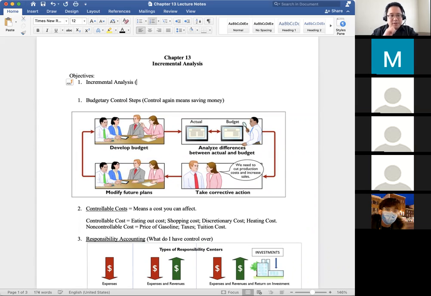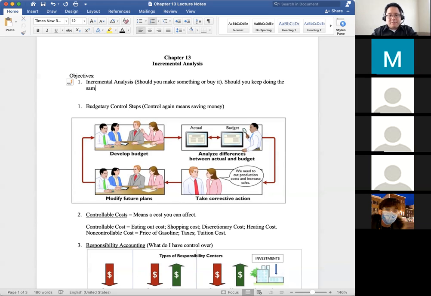In other words, should you, for example, make something yourself or buy it? Okay. In other words, incremental analysis means should you do what you're doing now or should you change? Should you keep doing the same thing or change what you're doing?